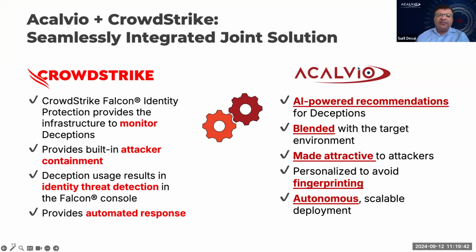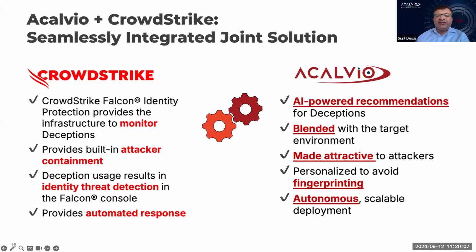It is blended with the target environment. Typically, organizations have a naming scheme for a service account or for a user account. Acalvio's AI algorithms gain an automated understanding of the naming schemes in use in that environment, and then we blend the deceptions to make them look realistic on a per domain basis.